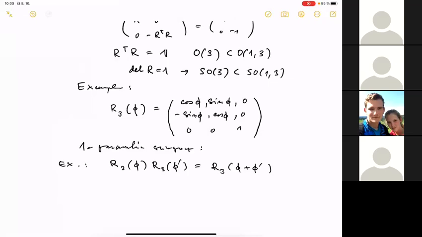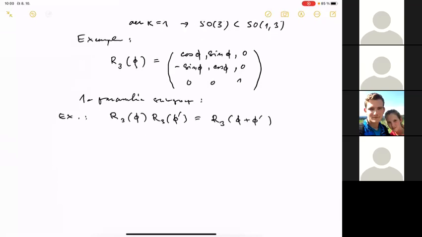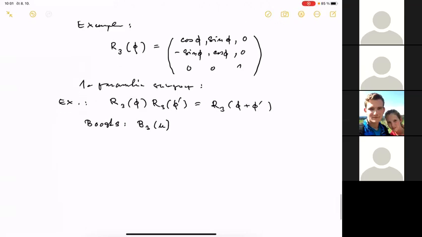Another example of Lorentz transformations is less trivial. It is the case of boosts. So we are interested in the boost in the third direction. We will call it B3. And we introduce some parameter u. I will explain later what it is.